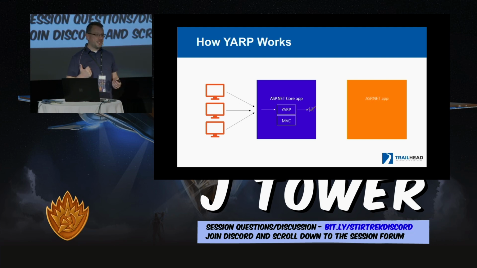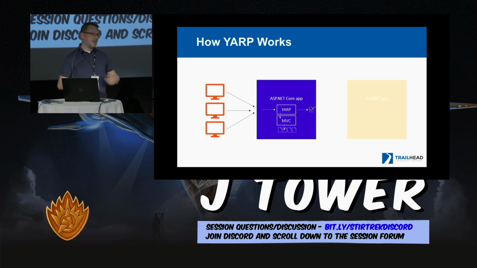If the answer is yes, then it's going to go ahead and forward it to the MVC or whatever else is further down the pipeline that actually configured that route. If it's MVC or Web API, it's going to hit some controller and off your code goes inside of your ASP.NET Core app.